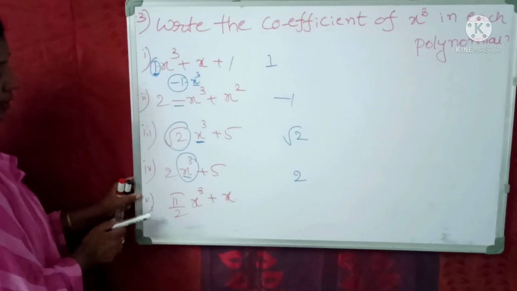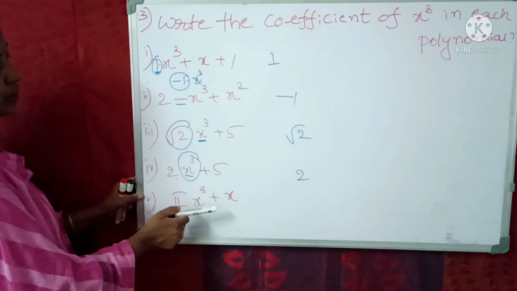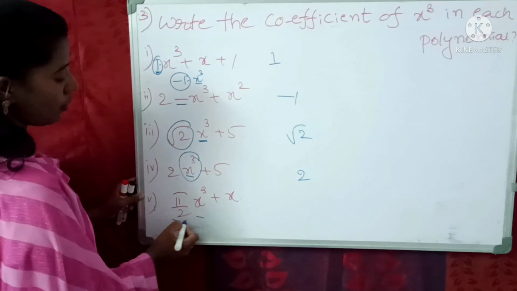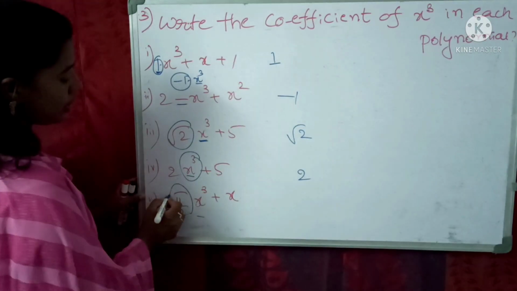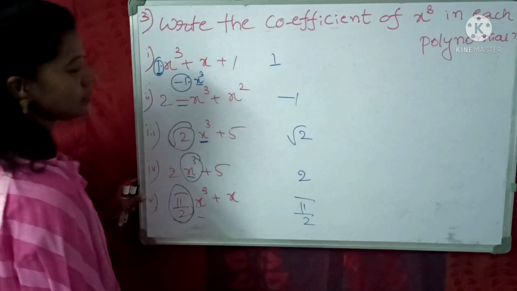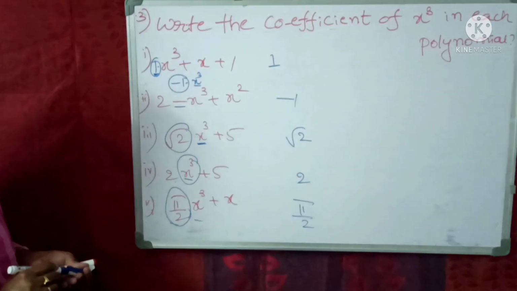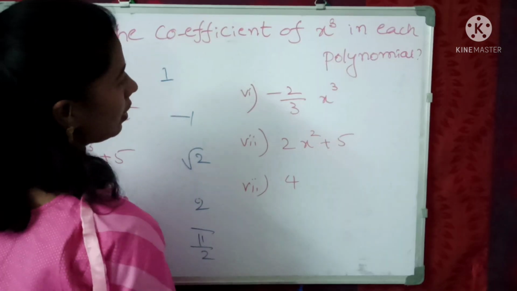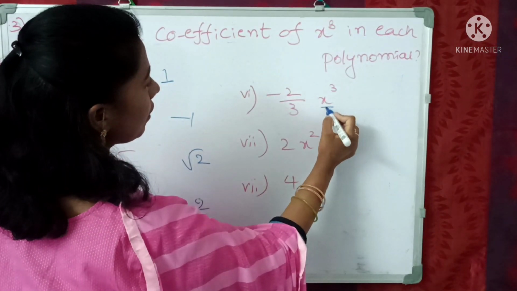Okay. And the fifth one is pi by 2 x cube plus x. In this one, what is the coefficient of x cube? The coefficient of x cube is pi by 2. Okay. Sixth one is minus 2 by 3 x cube. In this, what is the coefficient of x cube?